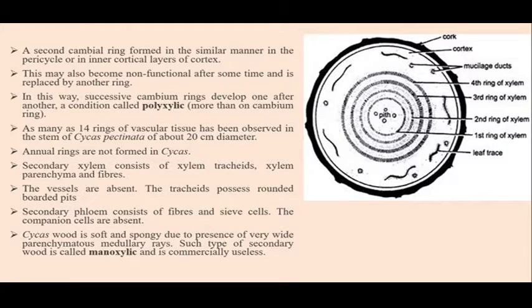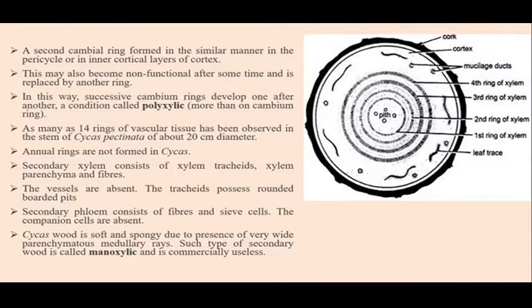In this way, successive cambial rings develop one after another, and this condition is called polyxylic. Polyxylic means more than one cambial ring. And in case of Cycas pectinata, it has been observed that a stem of about 20 cm diameter has as many as 14 rings of the vascular tissue.